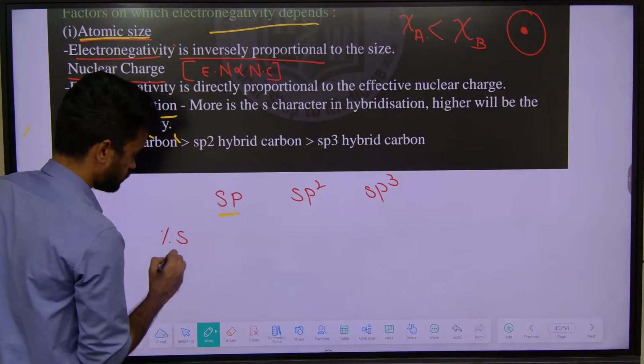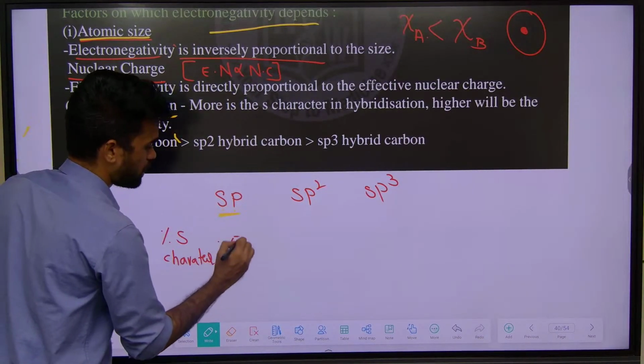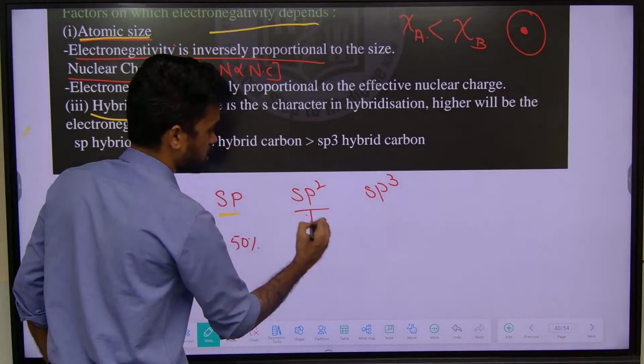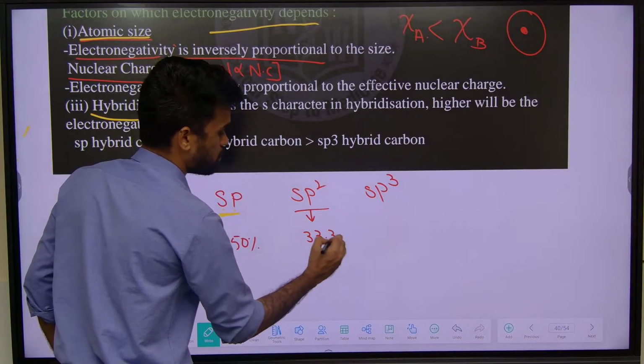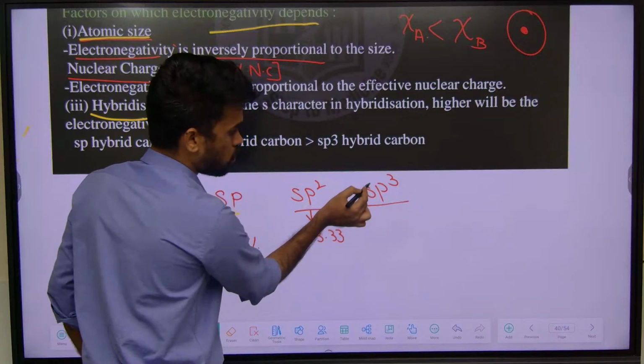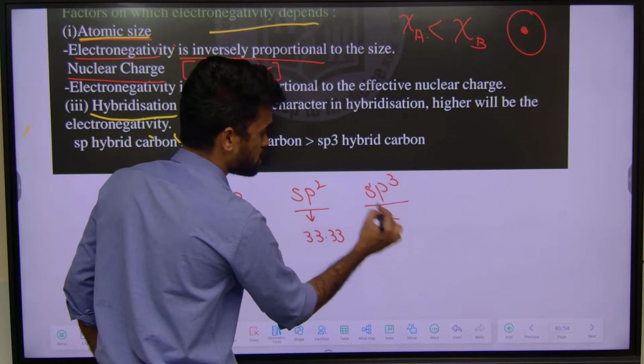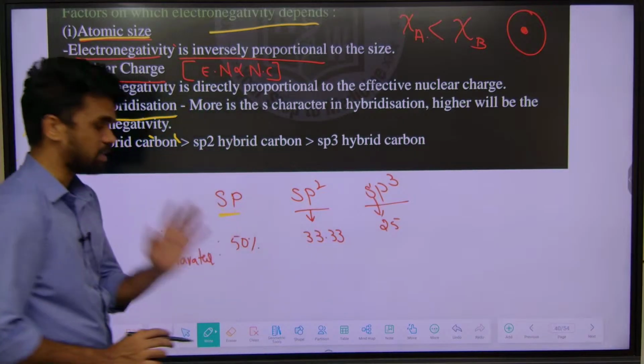In sp2 it is 33.33% s character. In sp3, one s and three p make a total of 4, so 100 by 4 means 25% s character.